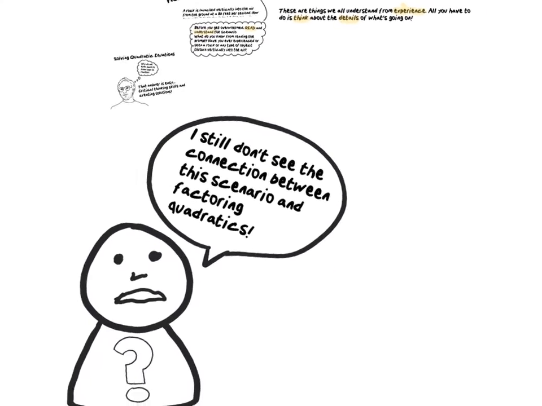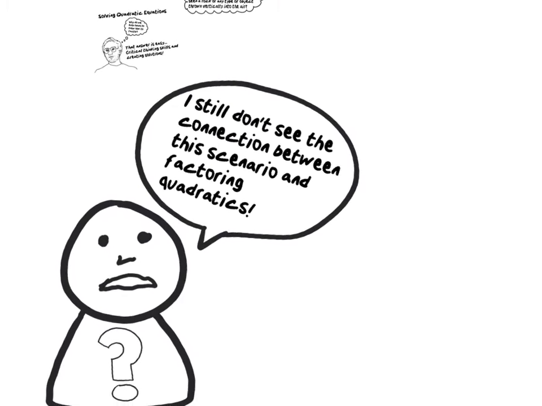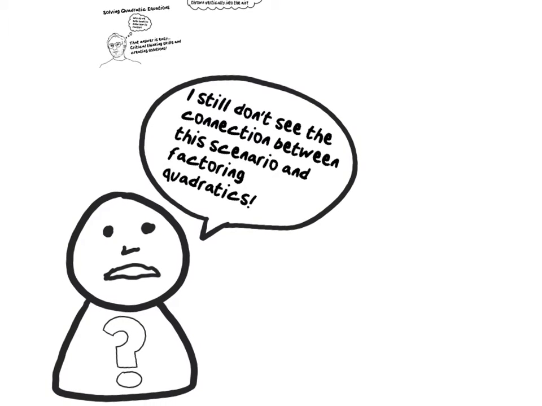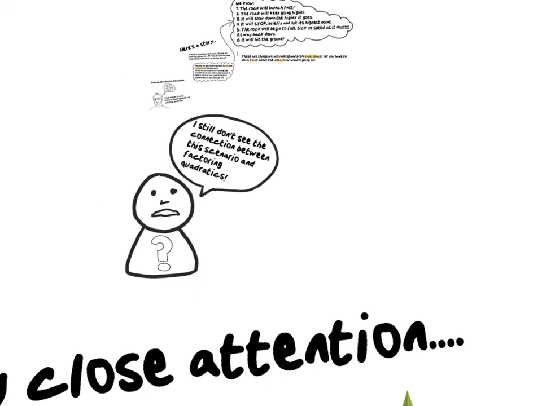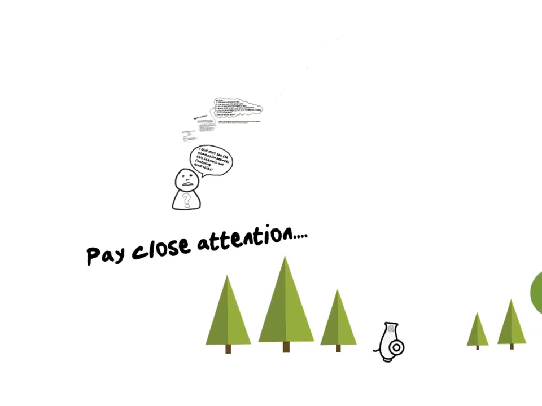Okay, let's say you still don't see the connection between this scenario and factoring quadratics. This is where your imagination will play a very important role. So let's pay close attention to what's about to happen next.